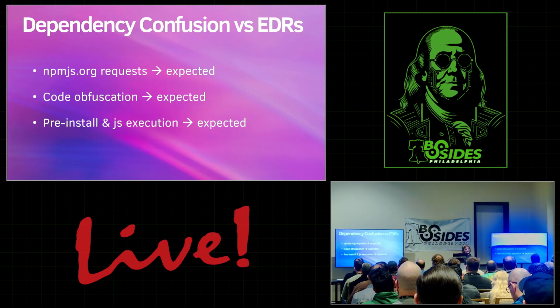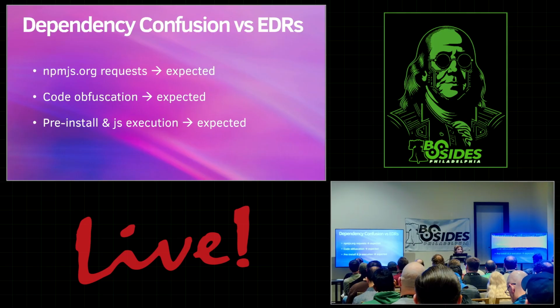So to compare this dependency confusion versus EDRs, external requests from npm.js.org are completely expected because, again, you might have external repositories that you're utilizing, like very common ones that are in all Node projects. We obfuscated the code within the npm.js.org when we uploaded our malware to that.